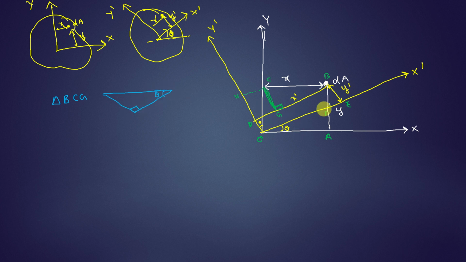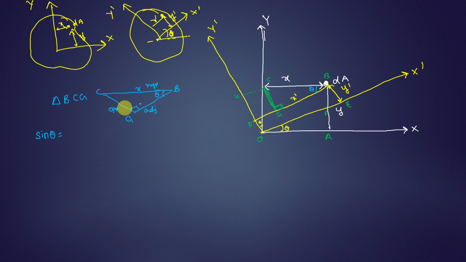Because these two are parallel lines, the angle will be theta over here. Now opposite to the angle is the opposite side, adjacent to the right angle is the adjacent side, and this is the hypotenuse. So let us find out what sine theta is now.